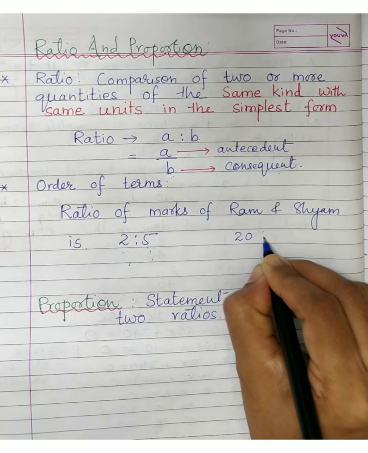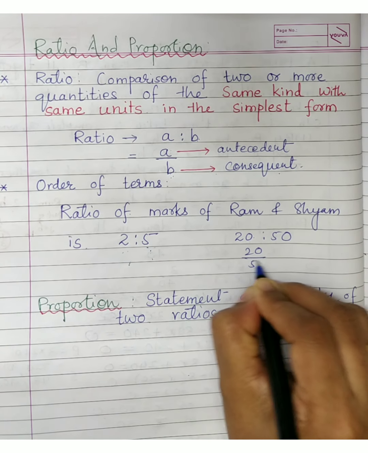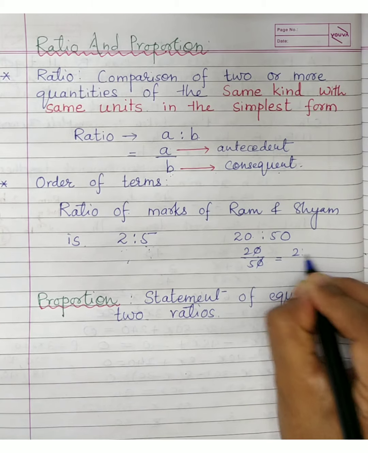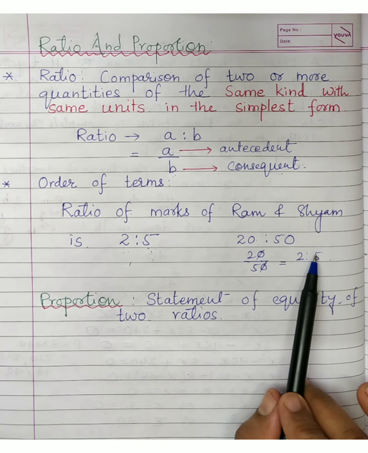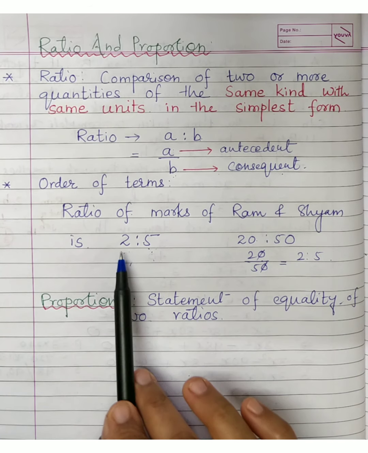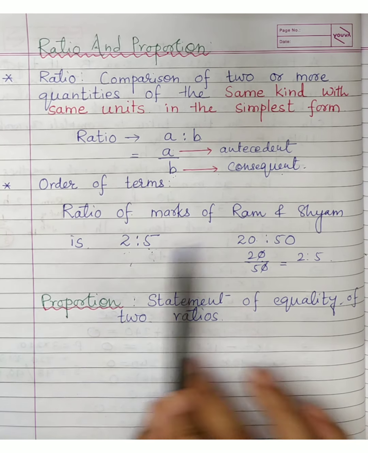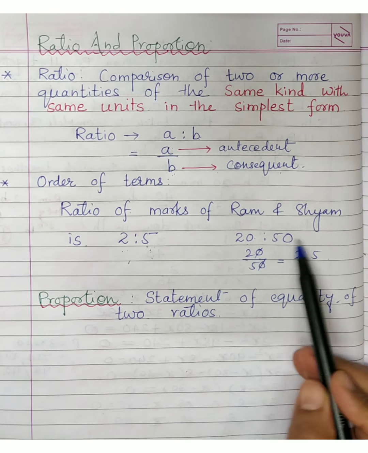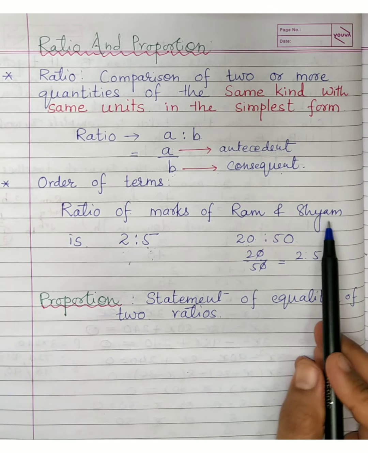In that case, 20 upon 50 will be the ratio, and the common factors get cancelled and the ratio comes as 2:5. So the first thing to fix in your mind is that a ratio of 2:5 does not mean that Ram has directly got 2 marks and Shyam 5 marks only. They might have got 20 and 50, or 200 and 500, or 2 and 5 also.